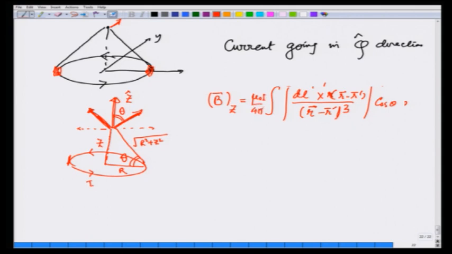Okay, so let me say it again. I am taking the field due to these small elements and adding it up, taking only the z component.